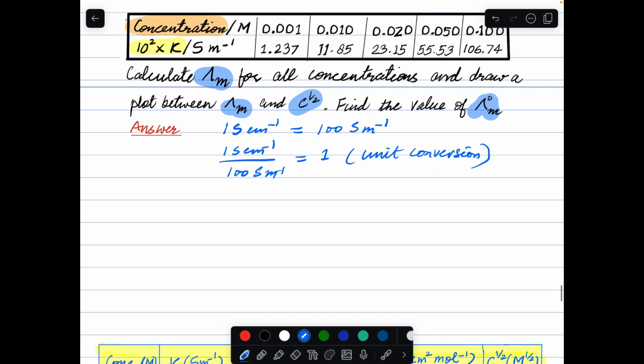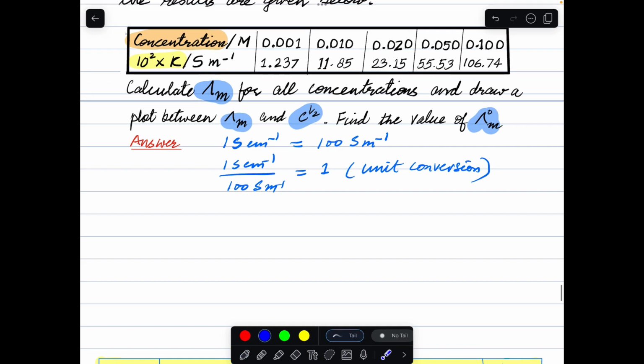Now in your table, the value of conductivity is being multiplied by 10 raised to the power 2. Okay, so we will find out the value of conductivity from this. For example, we will take the first observation. Okay, what is the first observation? First observation is this one.